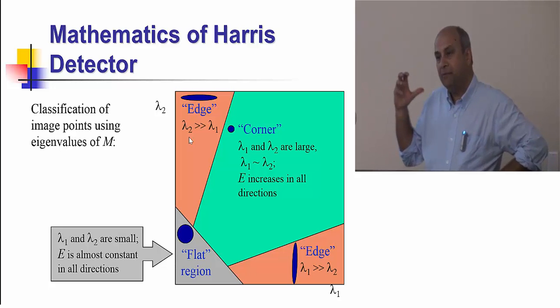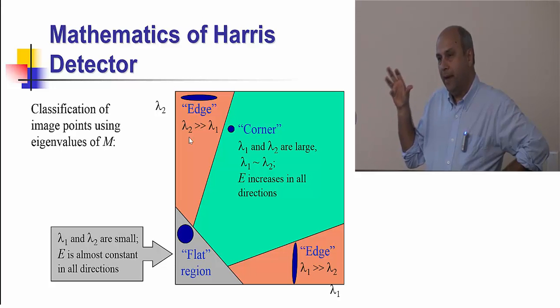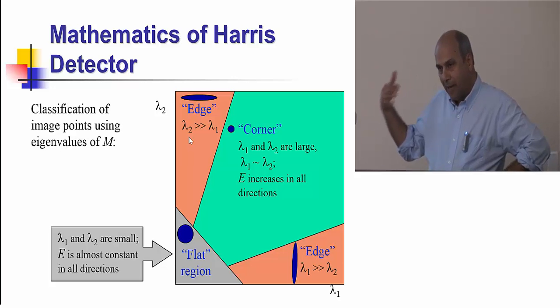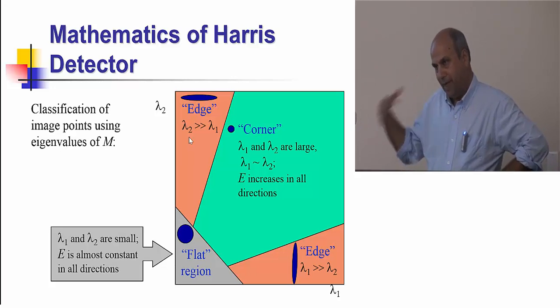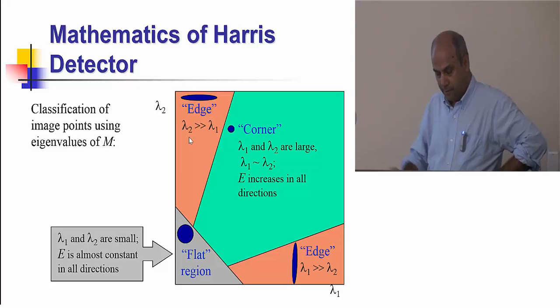So we are going to play with these eigenvalues to find which pixel should be declared as an interest point. We are going to go through each pixel in an image, compute these derivatives, compute this matrix M, look at the eigenvalues, and make a decision. That's basically the Harris corner detector.